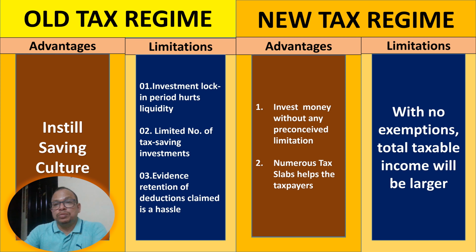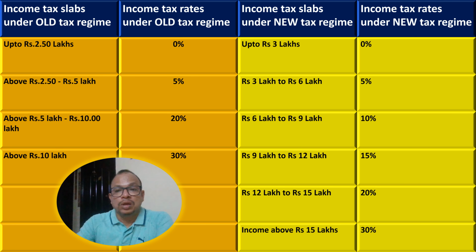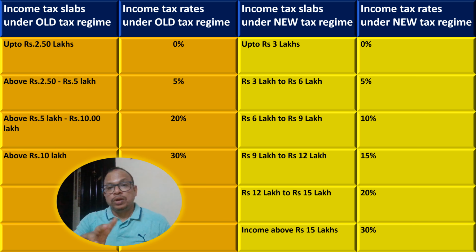And under the new tax regime, with no exemption, total taxable income will be larger. So if you see the tax slabs under the old tax regime as well as the new, revised tax regime, what are the basic differences?